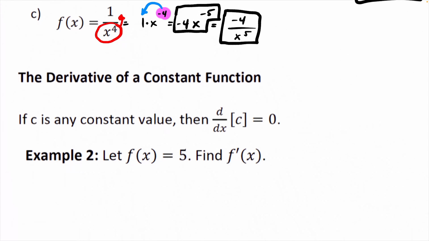But think about the 3 words that I told you guys to remember anytime you saw the word derivative. Slope of the tangent line, and change over time. So a constant, is that changing over time? No, it's constant. So it's got no change. No change means slope is 0.